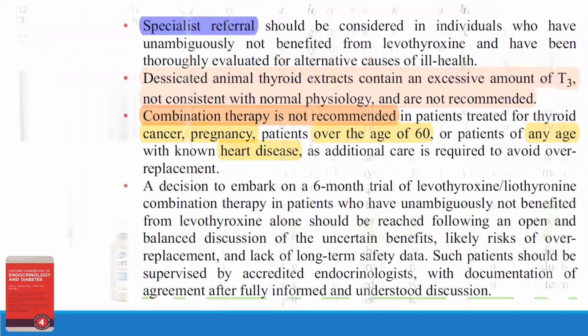All the guidelines recommend this drug to be prescribed by a specialized referrer who is well trained in this drug. Combination therapy is not recommended for thyroid cancer, for pregnancy, for a patient over the age of 60, or any age with known heart disease.